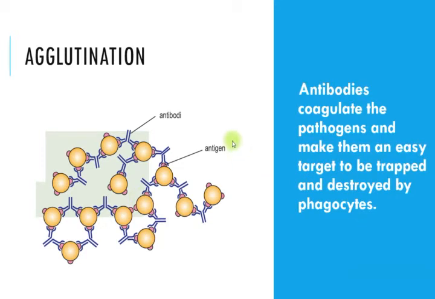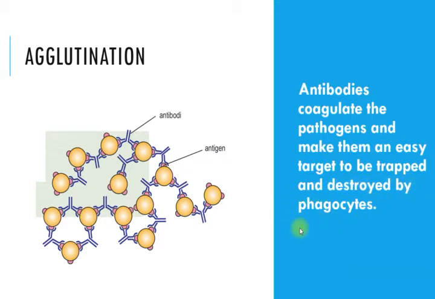The first mechanism is agglutination. The keyword here is agglutinate. What does it mean by agglutinate? Agglutinate dalam bahasa Melayunya ialah bergumpal. So the antibodies will agglutinate the pathogen. Antibodies coagulate the pathogen and make them an easy target to be trapped and destroyed by phagocytes.